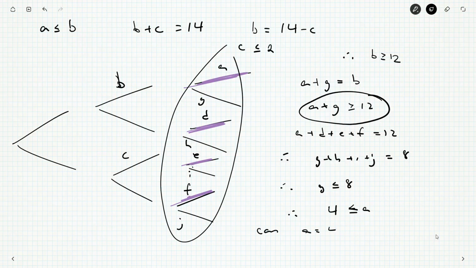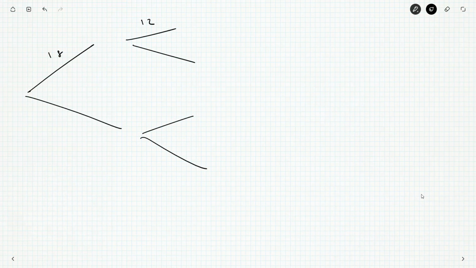Can A actually be 4? Because if it can't, then we know A has to be a little bigger. So let's try and fill in a tree diagram. 18. We'll make B 12 here to be as small as possible. So now those two add up to 14. Fine. Can A be 4?